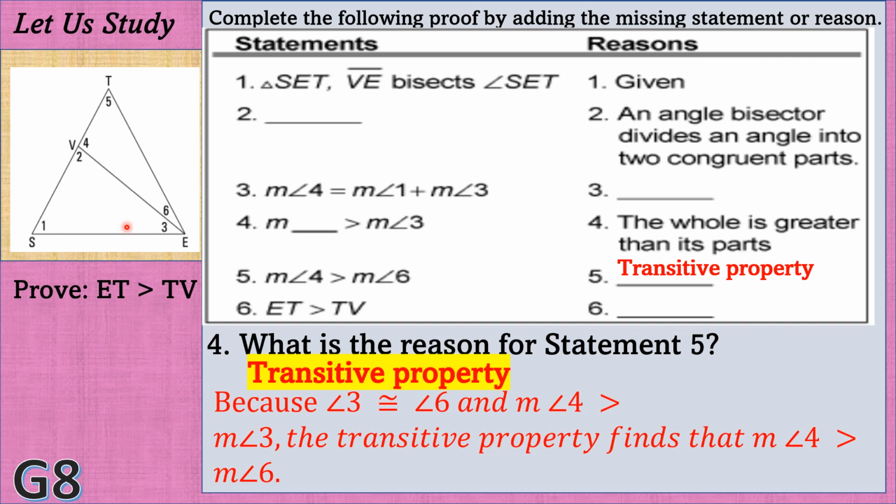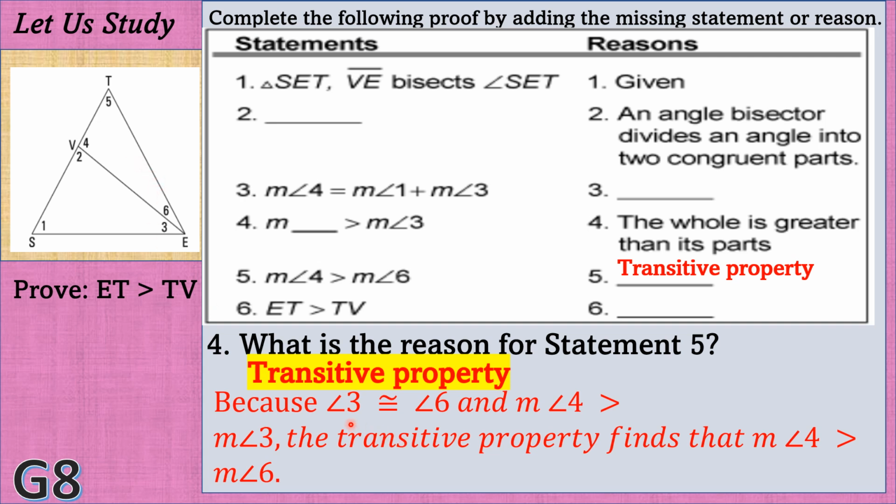So meaning, angle 3 is congruent to angle 6. And if the measure of angle 4 is greater than the measure of angle 3, then by transitive property, we can also say that angle 4 is greater than the measure of angle 6.